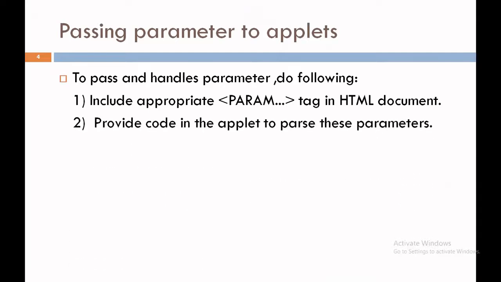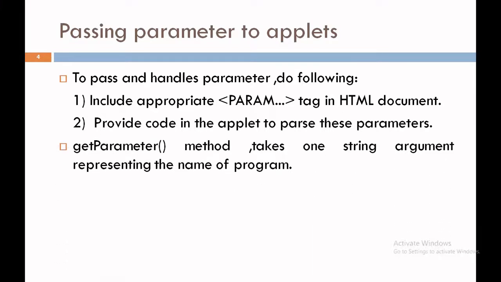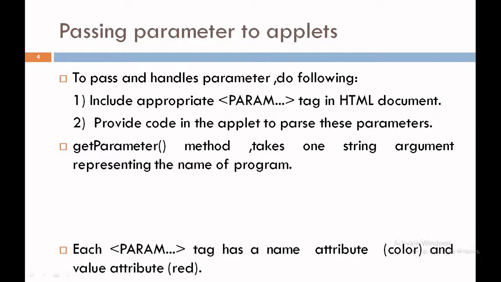The second one is to create the applet Java code to get these parameters. For that, we use the getParameter method to get the value of the parameter which is declared in a param tag. The getParameter method has one string argument, which represents the name of the parameter.